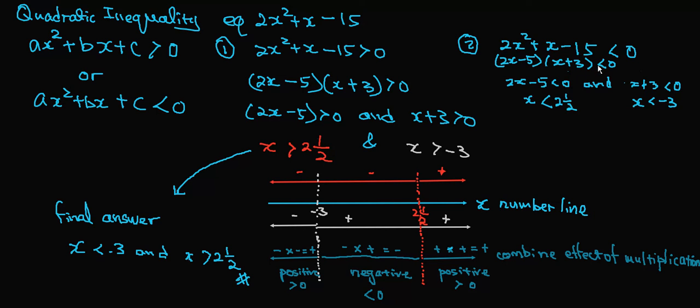What about if it is less than 0? If this is less than 0, let's draw the number line, x. Let's use this as 2.5.